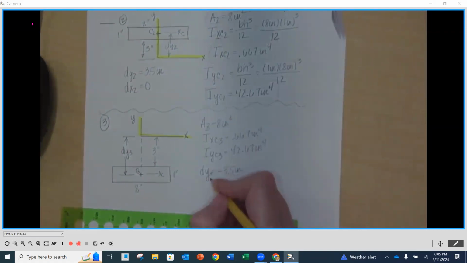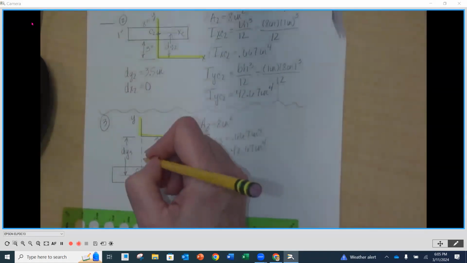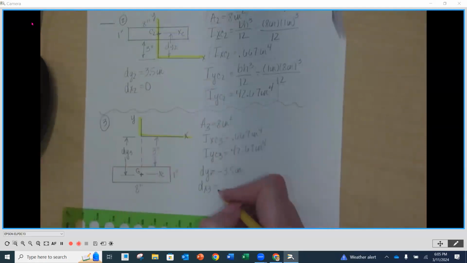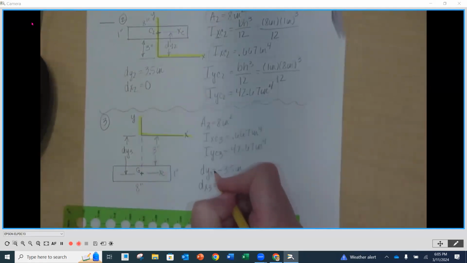And I'm going to put a 3 in back of that. And then dx3, what's that value? 0 again, right? Because if we extend this through, it's going to go right through the centroid. It's not offset horizontally. So dx3 is equal to 0. dy3 is equal to, there we go.